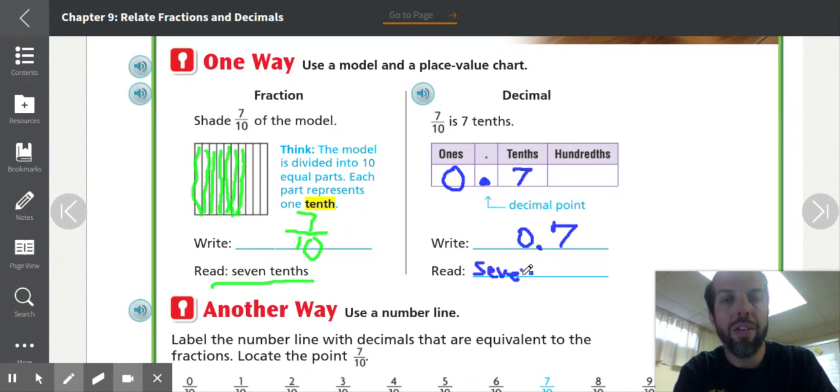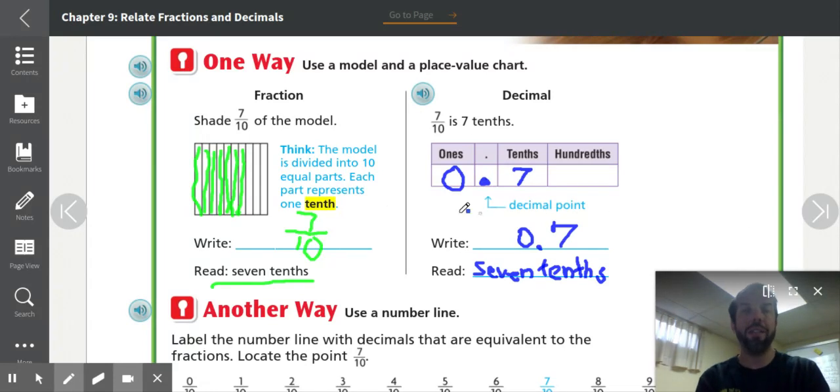You never want to say "7 tens" because that would be 70, right? If you have 7 ten times, that would be 70. So you want to say 7 tenths. You can see they're very similar: 7/10 as a fraction, 7/10 as a decimal.